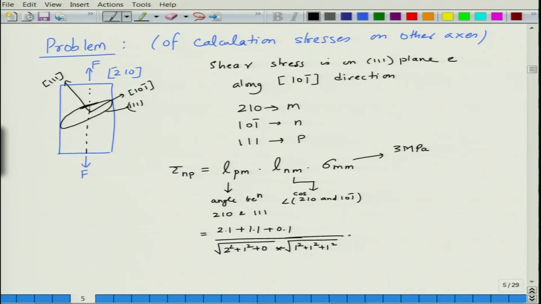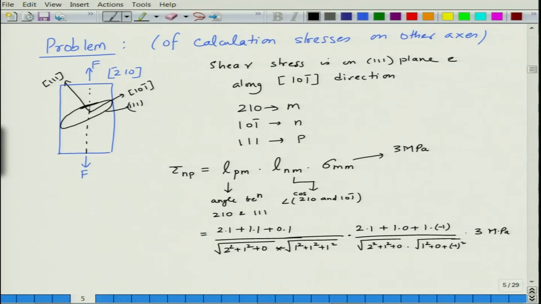This is the cosine of the angle between 210 and 111. Now, for the angle between 210 and 10 bar 1, it is 2 into 1 plus 1 into 0 plus 0 into minus 1, divided by square root of 2 square plus 1 square plus 0, into square root of 1 square plus 0 plus minus 1 square, into 3 MPa.